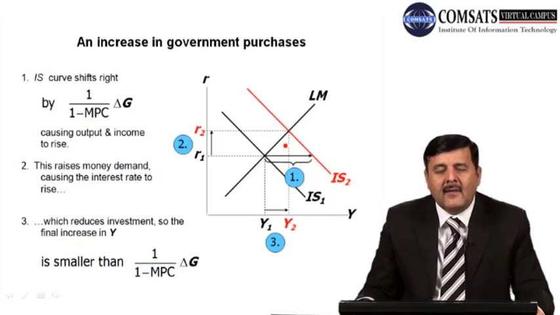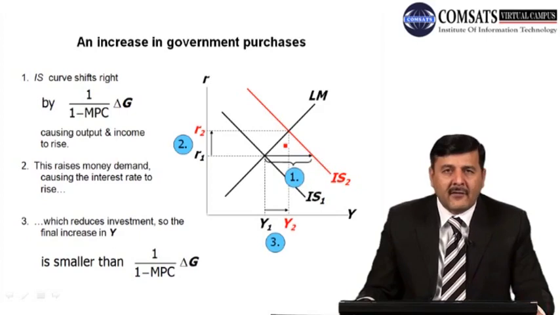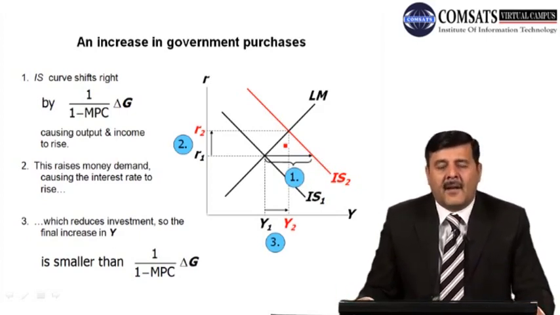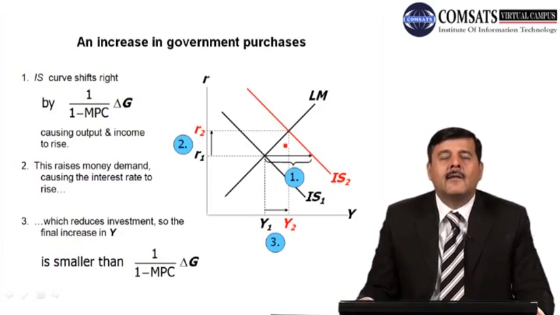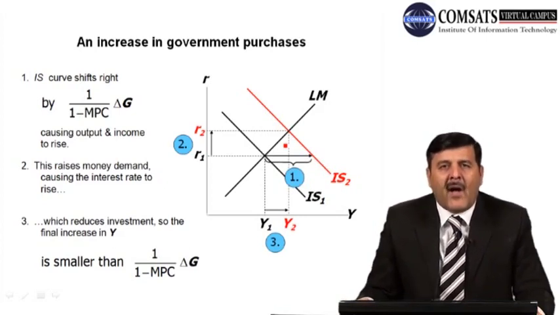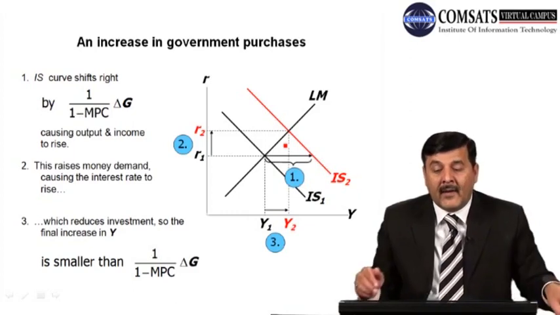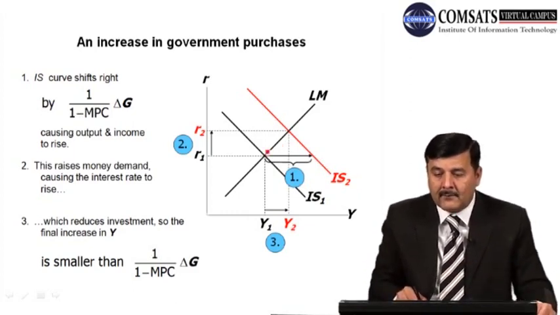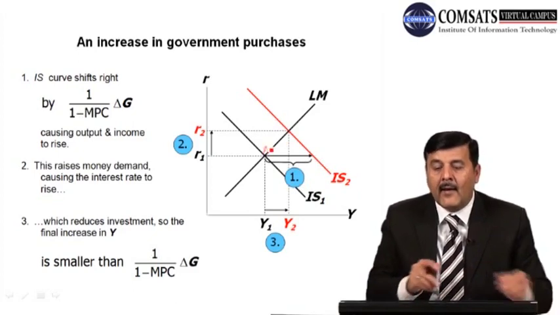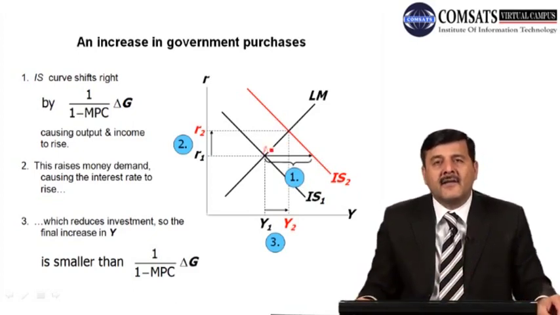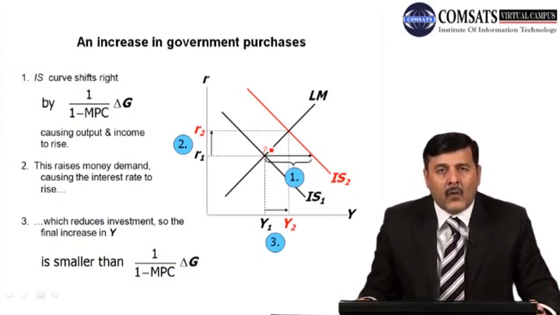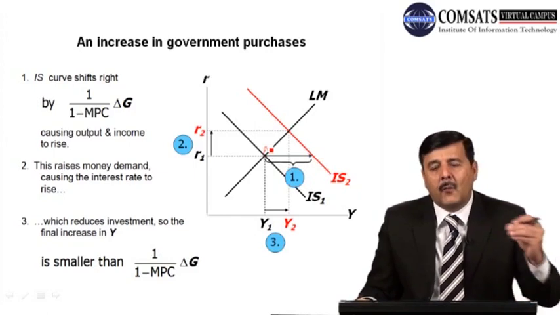If you look at the slide, we have a graph. On the y-axis we are taking the interest rate, on the x-axis we are measuring the income level, and we have the IS and LM curves. Initially, both markets are in equilibrium at a point, which we call point A. Both curves intersect at point A, where the interest rate is R1 and income is Y1.